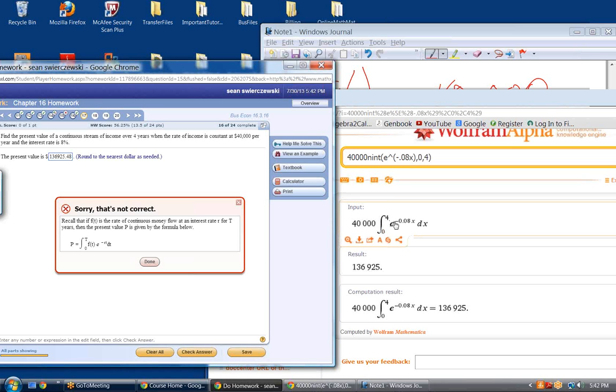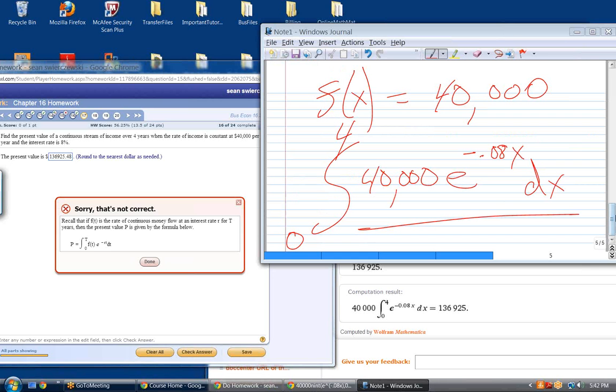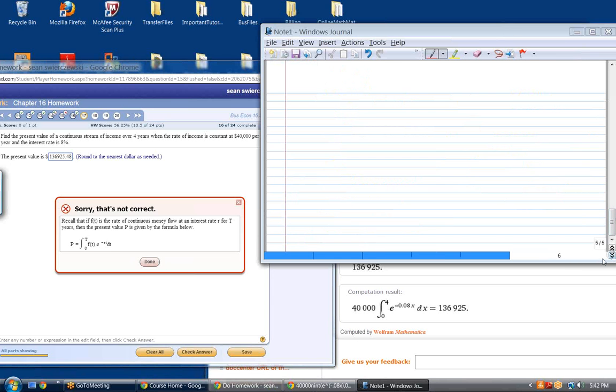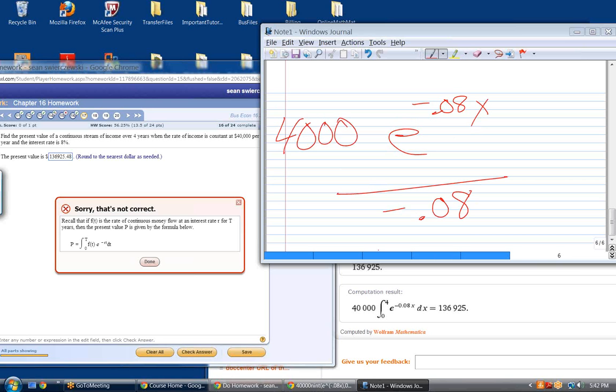So after you integrate that, in other words, what's the integral of that? It's e to the minus 0.08x divided by minus 0.08. So that's the integral. So I want to take 40,000 times that evaluated from 0 to 4.